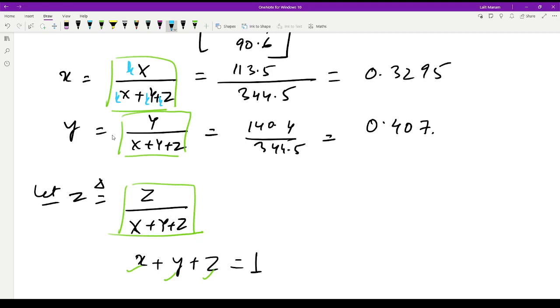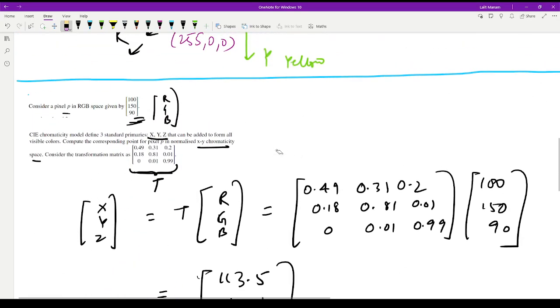Something similar to what we have looked into for the projective spaces, where we consider all points on the ray as the same point. I mean, all of them are equivalent. Similarly, in general, there does not exist a unique mapping, but given that we have some restrictions on capital X, Y, and Z, we can actually get a unique mapping from capital XYZ space to the small xy space.